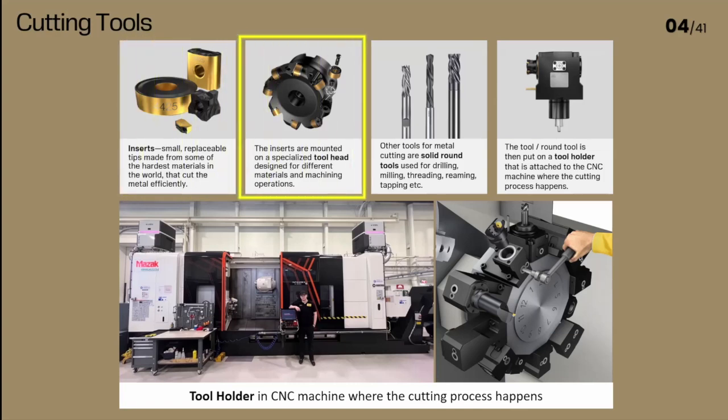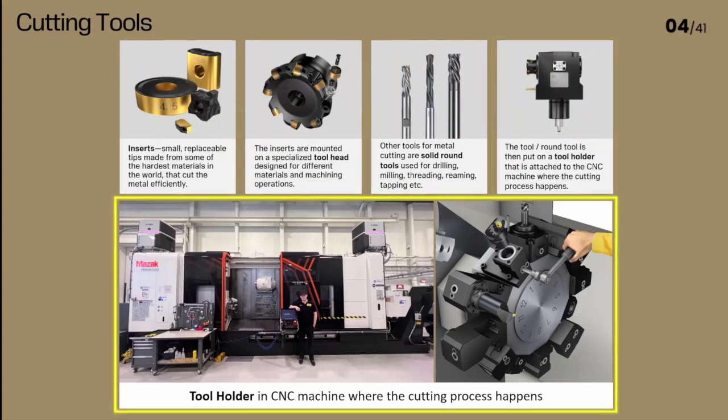And then this insert is mounted on the specialized tool head designed for different material and cutting operations. And the metal cutting tools also include these solid round tools used for drilling, milling, threading, and so on. And then this tool is mounted on the tool holder, which is attached to a CNC machine where the cutting process happens.